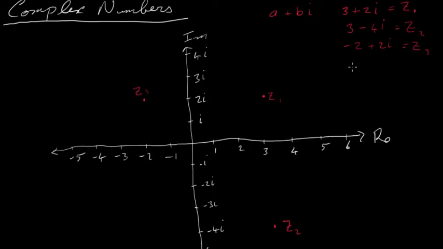And the last one I'll do is, let's say minus 4 minus 3i, and we'll call this one z4. So you go minus 4 on the real number line, so it's 1, 2, 3, 4, minus 4 here, and then minus 3i, so it's minus 1, minus 2, minus 3, so it's going to be here. So this is our z4. So that's how you plot complex numbers on the complex plane.